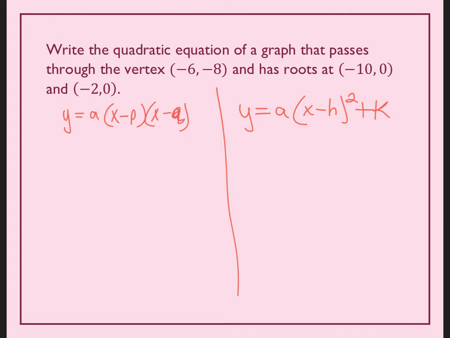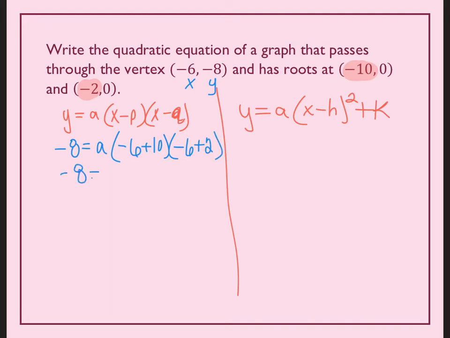Okay? So let's go ahead and do it in intercept form. We have our roots at -2 and -10, and we're going to call the vertex just another point because the vertex is an xy when we're talking about intercept form. So y equals a, -6 plus 10 because we changed the sign, -6 plus 2 because we changed the sign.